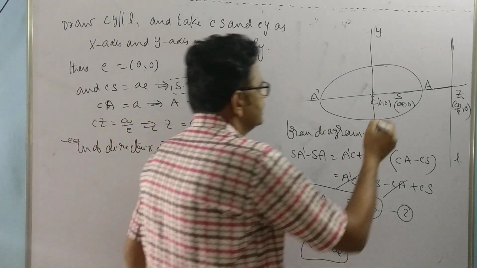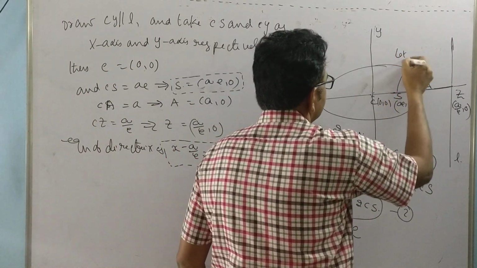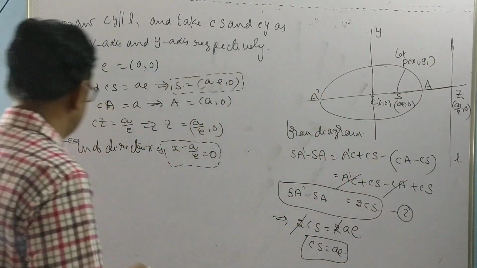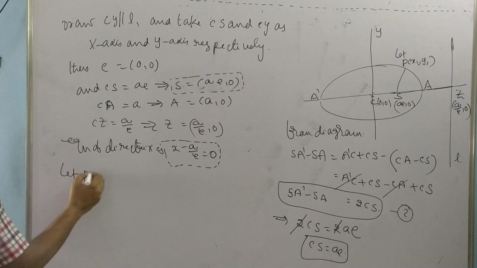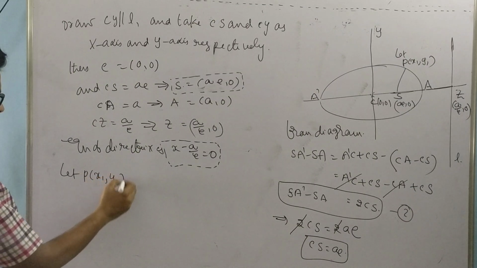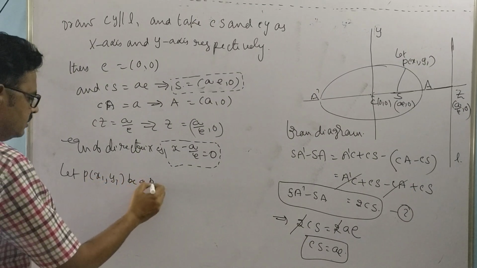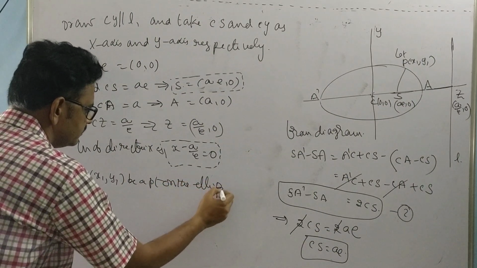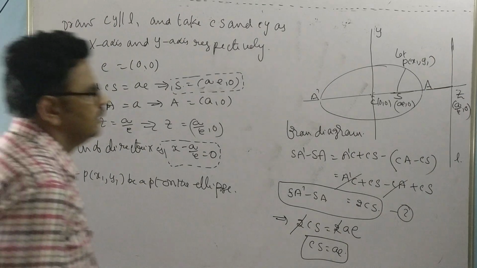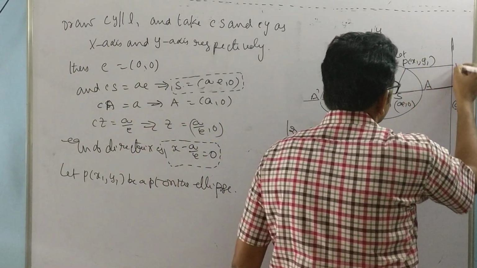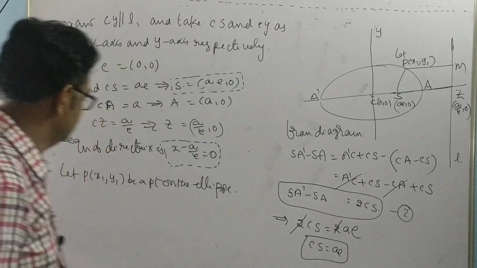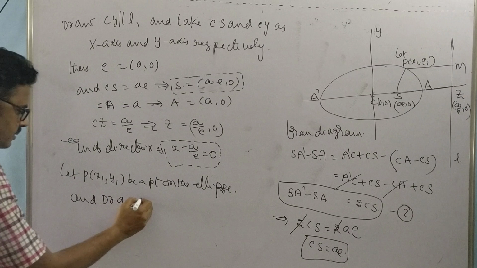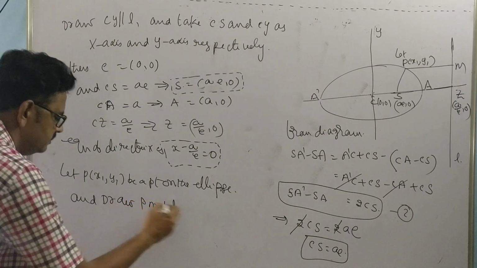Okay, and let P(x1, y1) be a point on the ellipse, and draw PM perpendicular to L.